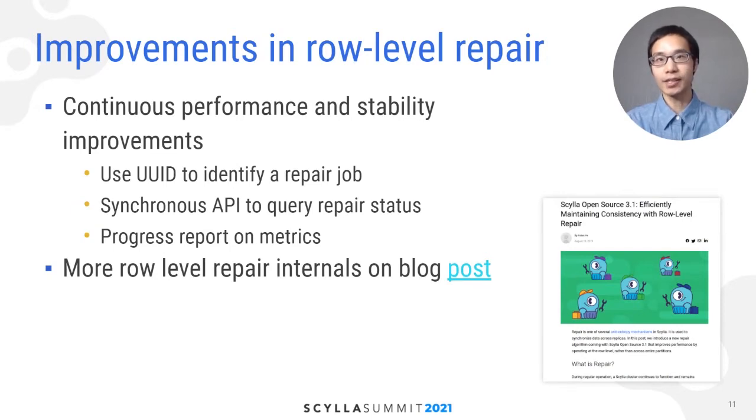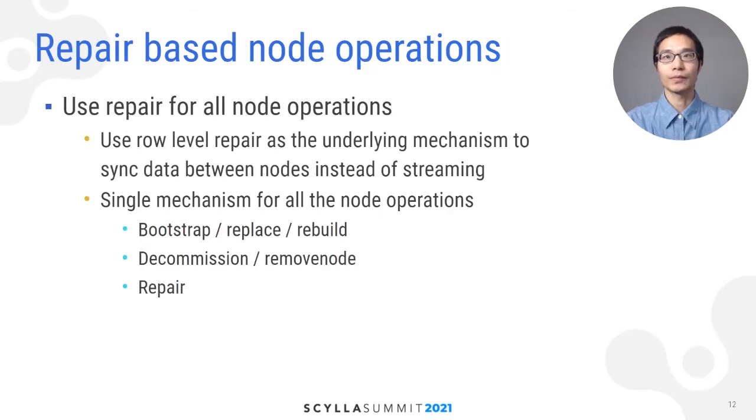We added an asynchronous API to check the status of repair, which makes Scylla Manager more efficient. We added more metrics to report the progress of repair and other operations, so you can check it on Scylla Monitor easily.